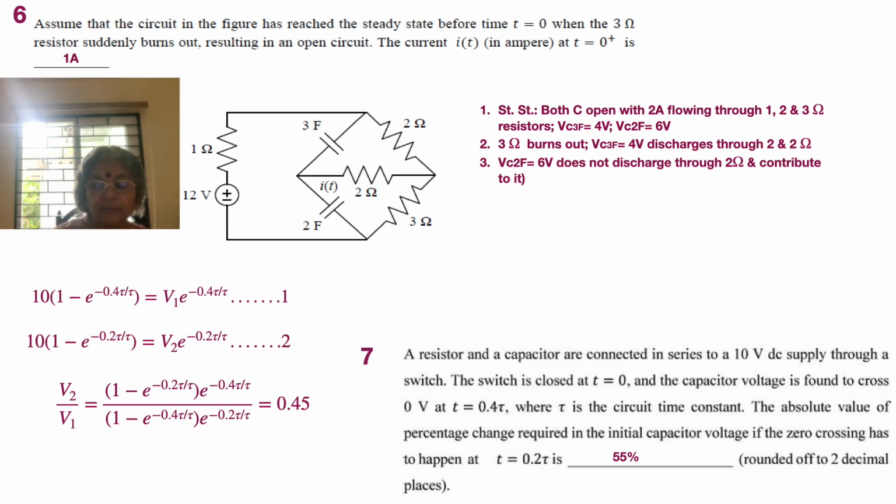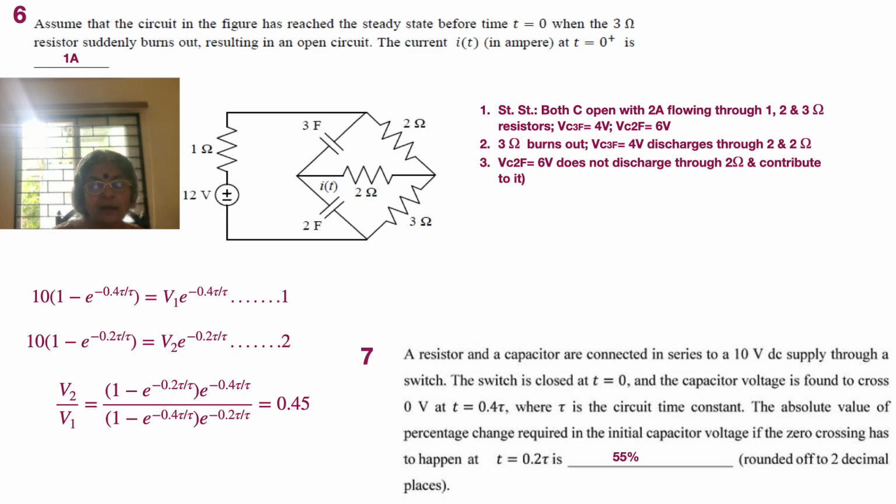So there is definitely a reduction in voltage. Only then does the reduced voltage discharge very quickly, and that too in t equal to 0.2 times tau. Let's write out whatever we understand.